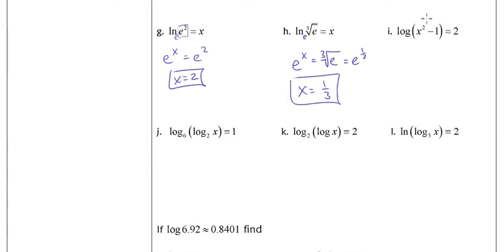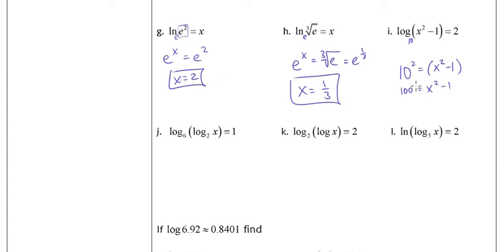All right. Next we have log of the quantity x squared minus 1 equals 2. So remember, what is your base? Well, our base here is 10. So we have 10 squared is equal to the quantity x squared minus 1. If we were to actually evaluate it, 10 squared is 100, equal to x squared minus 1.